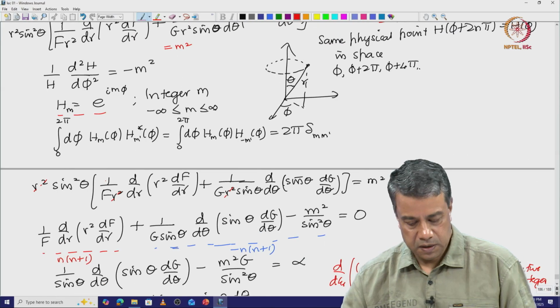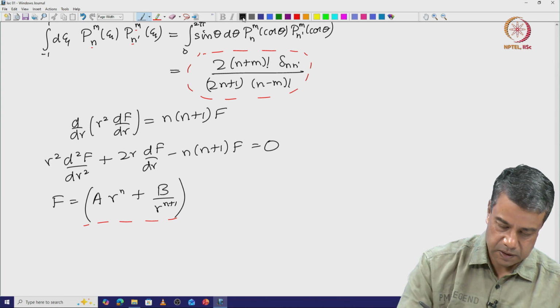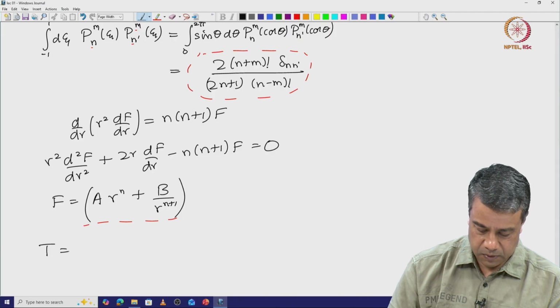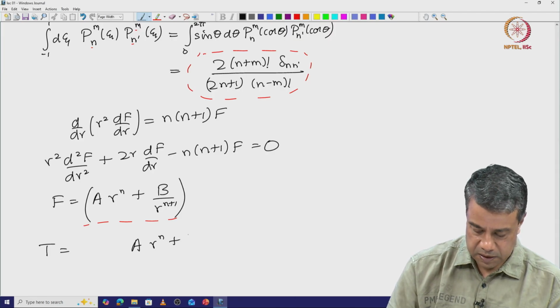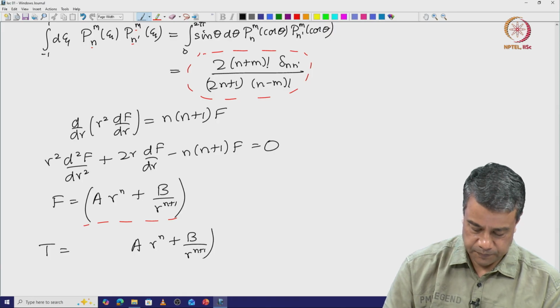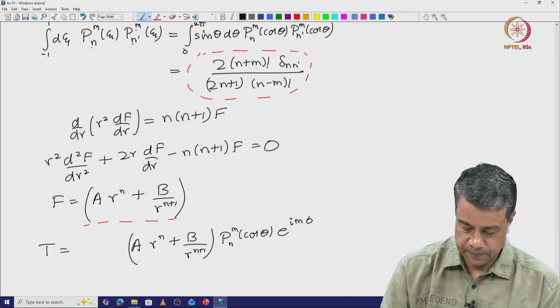The most general solution for the temperature field T is equal to A r power n plus B by r power n plus 1, times P n m of cos theta into e power i m phi.